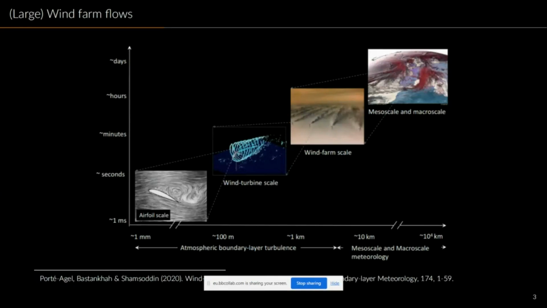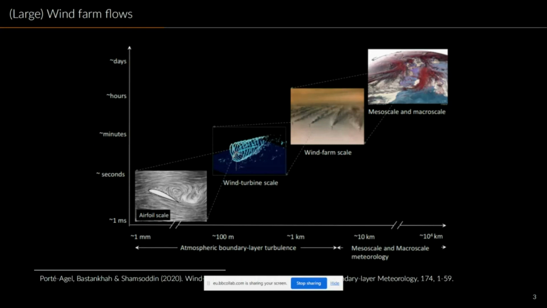What's very interesting when we are talking about large wind farm flows is that we are no longer just interested in the scales that I show here, not just the airfoils and the wind turbine scales, but we are also talking about wind farm scales and atmospheric scales that influence the power production from the wind farm.